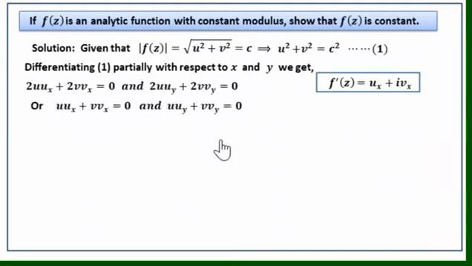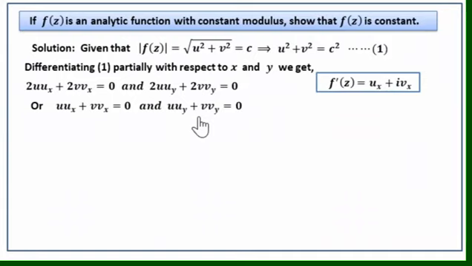Dividing throughout by 2, we can write ux plus vvx equal to 0 and uuy plus vvy equals 0. Now we have the formula f dash of z is ux plus ivx, where both these partial derivatives are with respect to x only. So we are going to change the second equation in terms of partial derivatives with respect to x only.